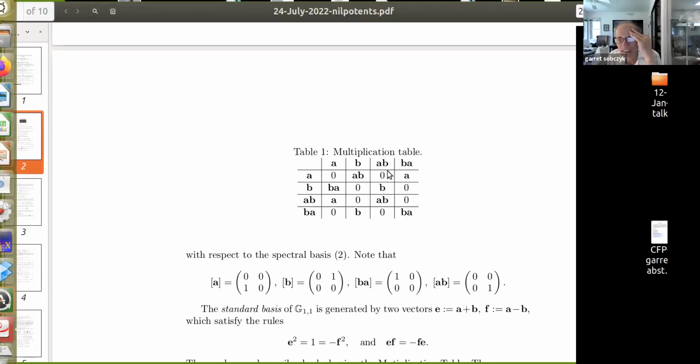I assume the laws of matrix multiplication, so it's associative. So I can write that as A squared, which is 0, times B. Yeah, well, that's 0 then. So A times AB is the same thing as A squared times B, which is 0 times B, which is 0.